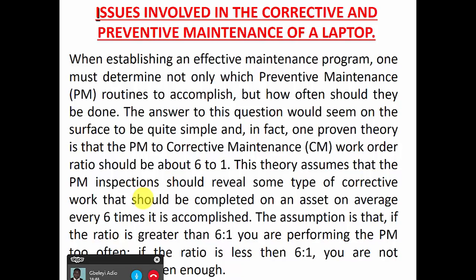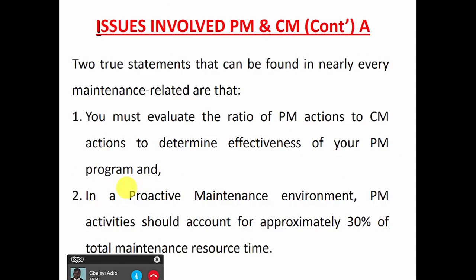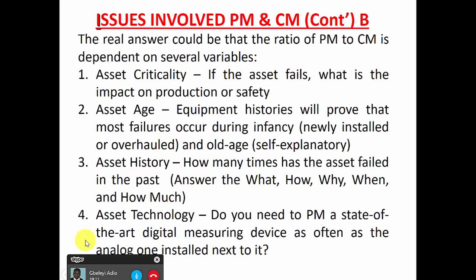But how often should we do it? So I'm moving over to the next slide, which is also the continuation of it. The answer to this question would seem, on the surface, to be quite simple. In fact, one proven theory is that preventive maintenance to corrective maintenance work in the ratio of 6 to 1. So I'm moving to the next slide, which is also the continuation of the issues involving preventive and corrective maintenance.